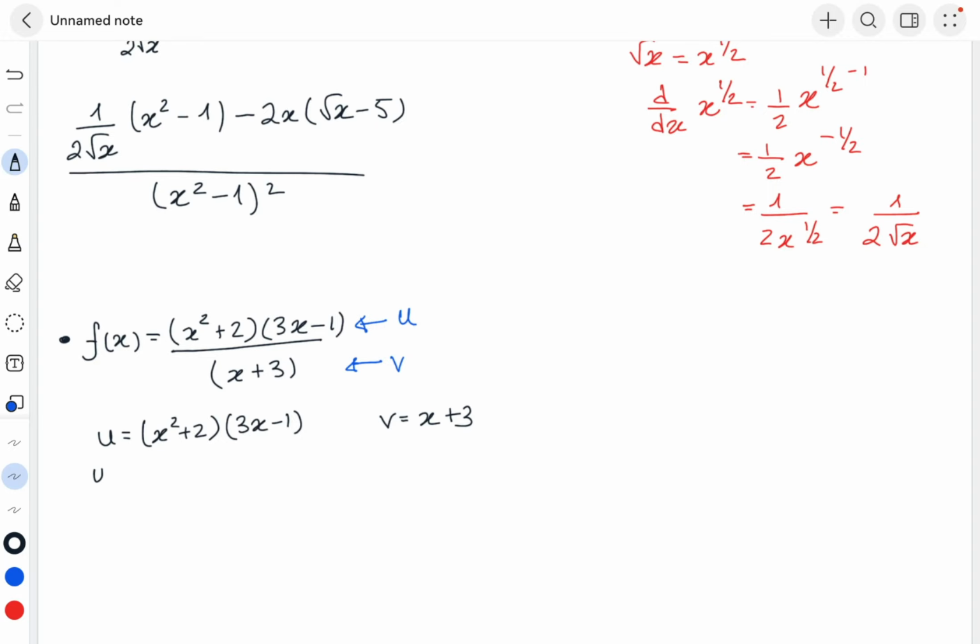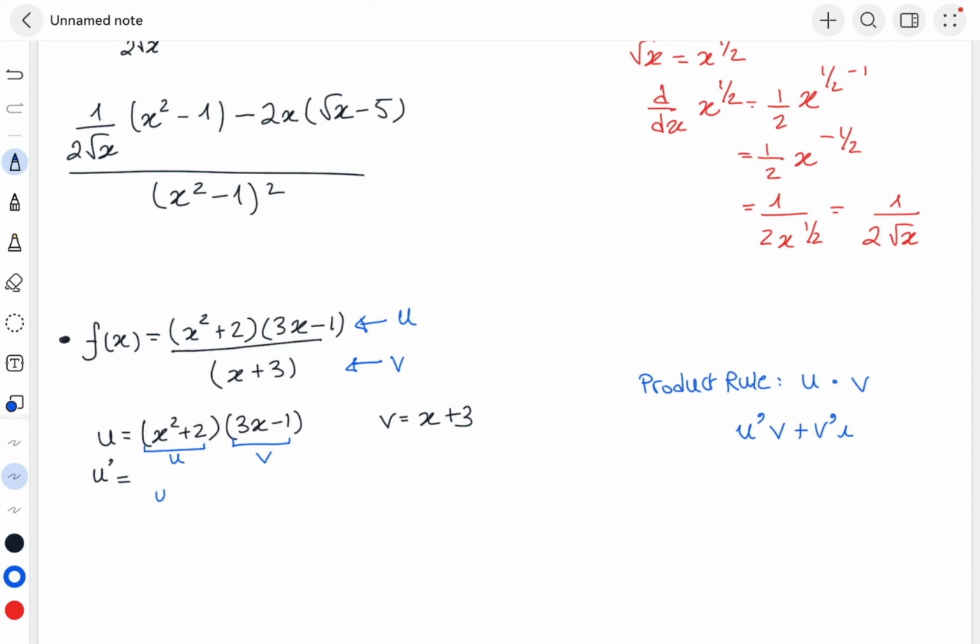Now we'll need to find u prime. To be able to find u prime, we'll need to apply the product rule here. The product rule says whenever we have two things multiplied by each other, u and v, we perform u prime v plus v prime u. So we take this to be u and this to be v.